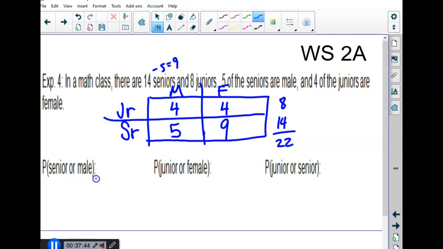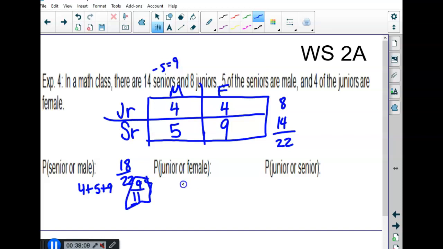So all the seniors count plus anybody who's a male. So that would be 4, 5, and 9 all add up, or 18 out of 22. Did anybody else get that? Add the seniors and the males, or add the males and any extra that are seniors. So 9 out of 11, right?